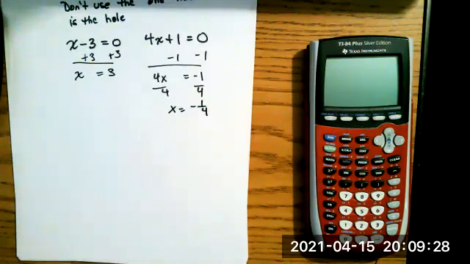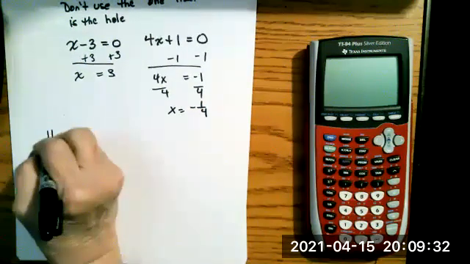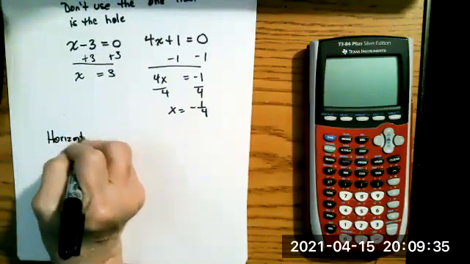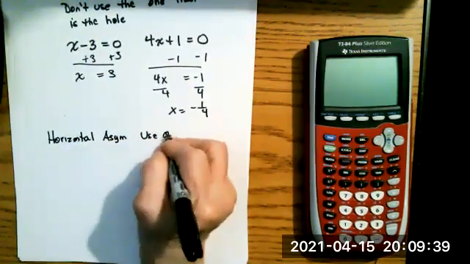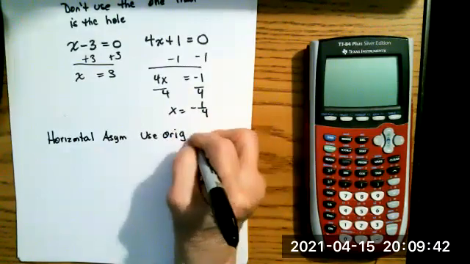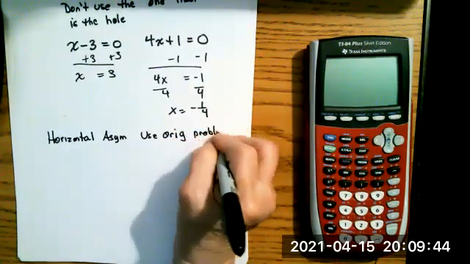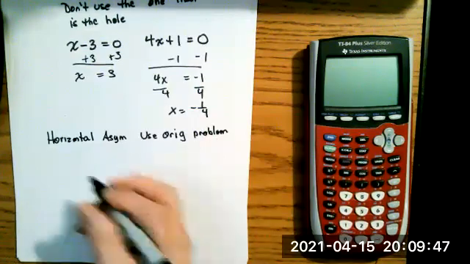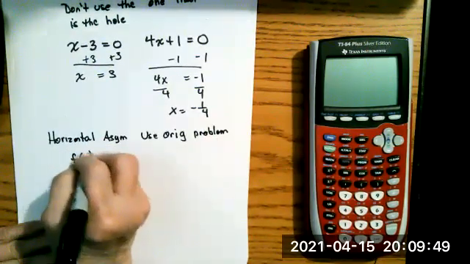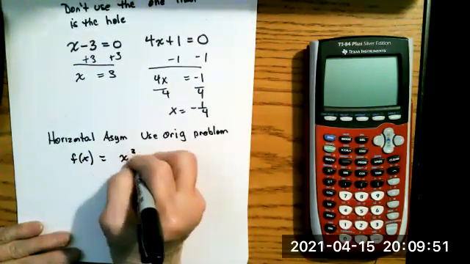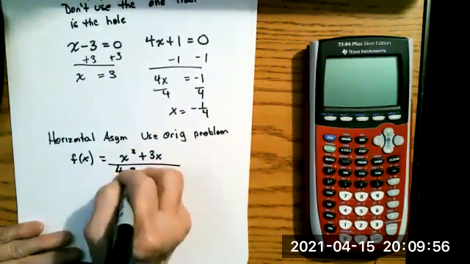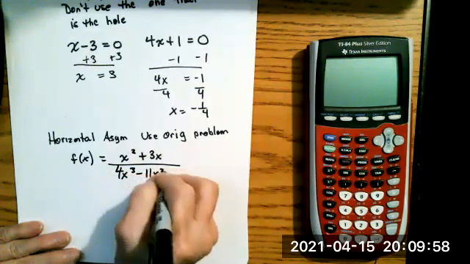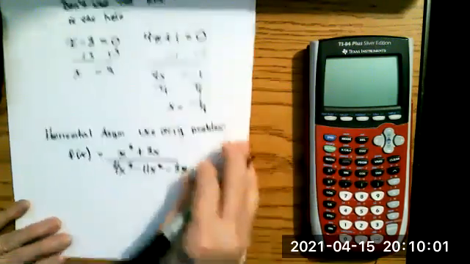Okay. Now then, the next thing we're going to ask for is horizontal asymptotes. And this one you use the original. On the horizontal, you always use the original problem. So our original problem way long ago was f of x equals x squared plus 3x over 4x cubed minus 11x squared minus 3x.